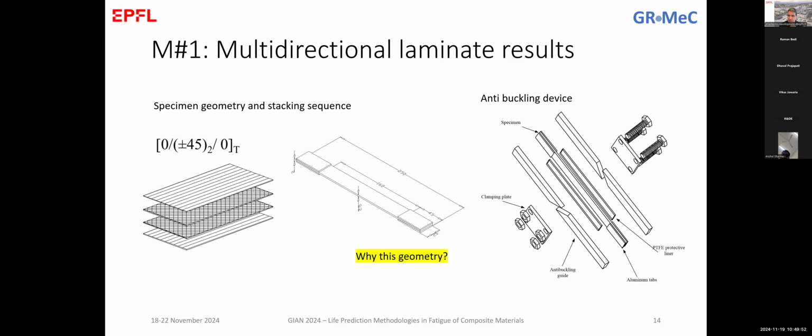Sometimes it is too much confining, and it does not allow the material to behave as it would in compression if it weren't constrained like that. Another problem that we had with this anti-buckling device is that due to this enclosure of the specimen in the device, when we were performing fatigue testing, in some cases we measured very high temperatures in the specimen. And this, as we've seen before, is not a good sign for the specimen itself.